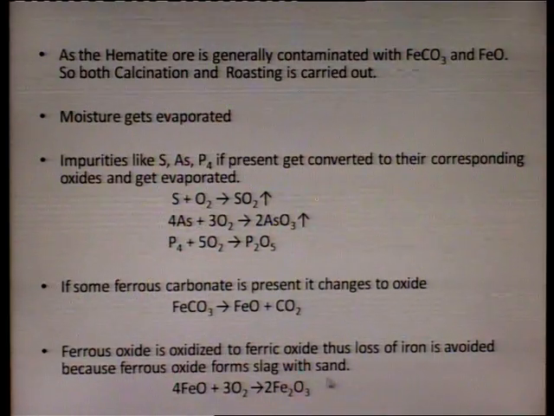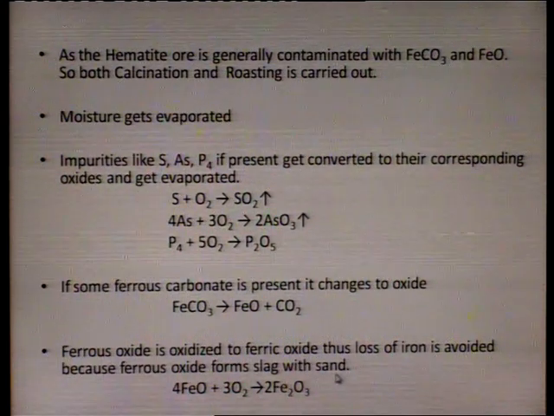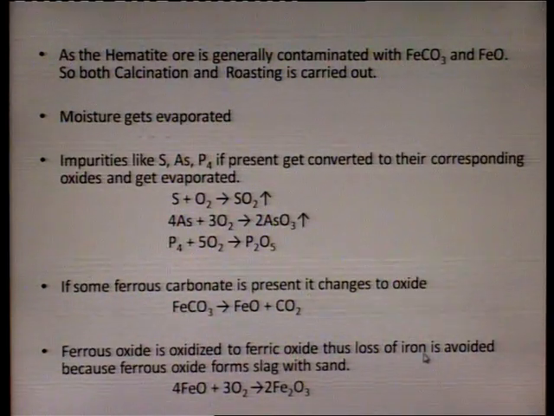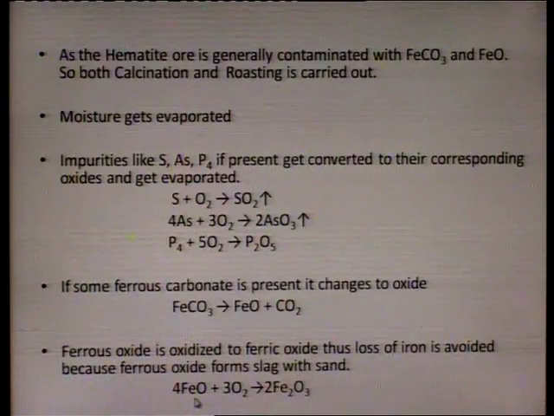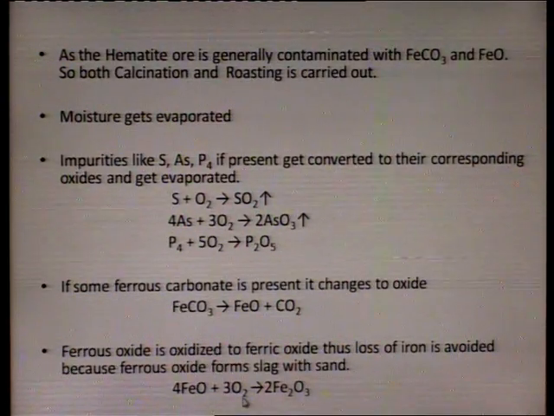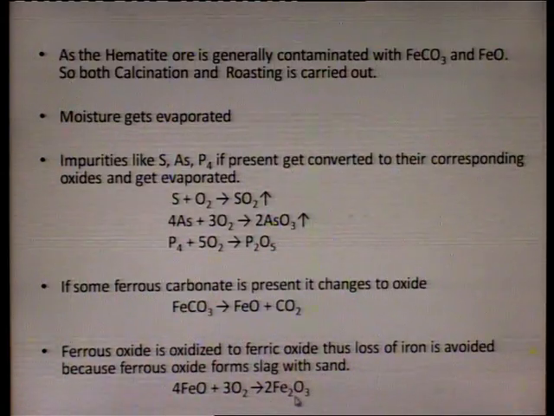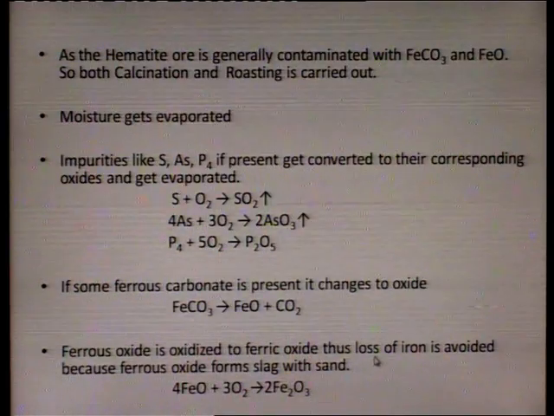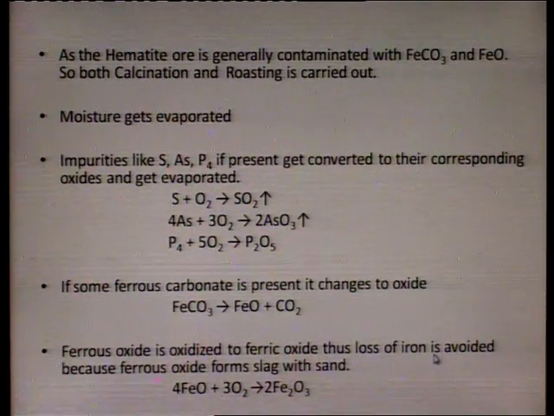Otherwise, if it remained as such, it would react with silica to form slag, and in this way there would be a loss of iron. Instead, the ferrous oxide reacts with oxygen and immediately gets converted to hematite, that is Fe2O3, and in this way we can prevent the loss of iron.